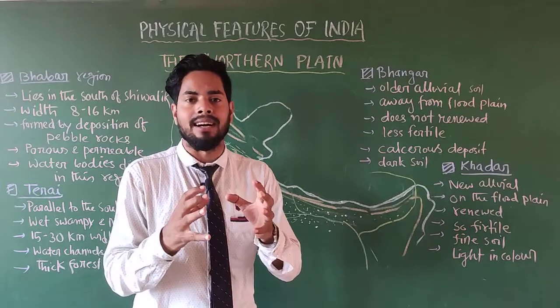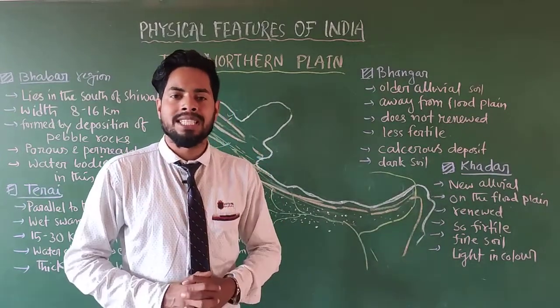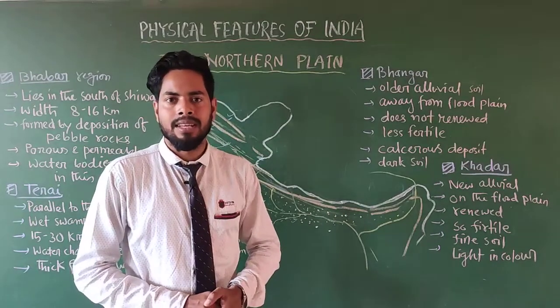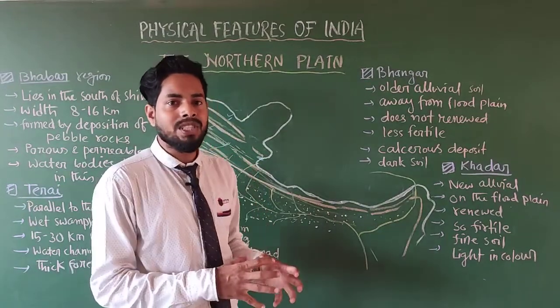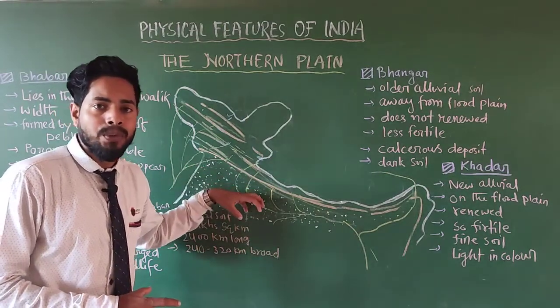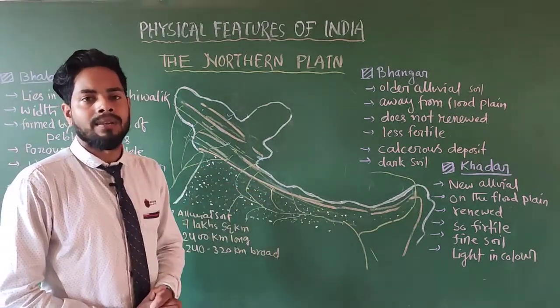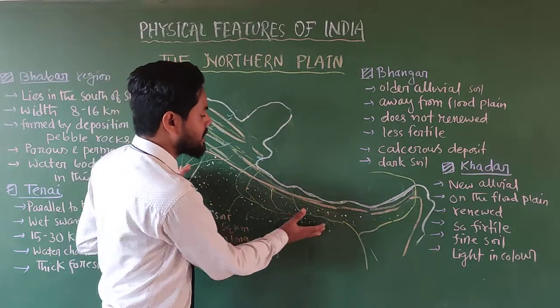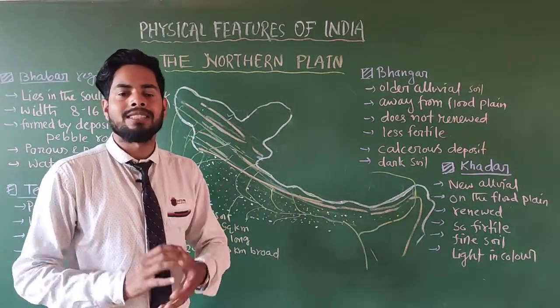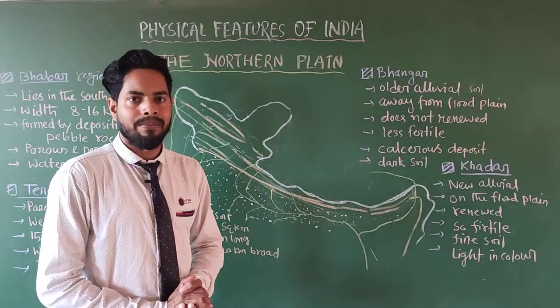They bring lots of sediments from the loftiest mountain peaks and deposit them at the foothill of the Himalaya, forming a low stretch of area that is known as the northern plain.